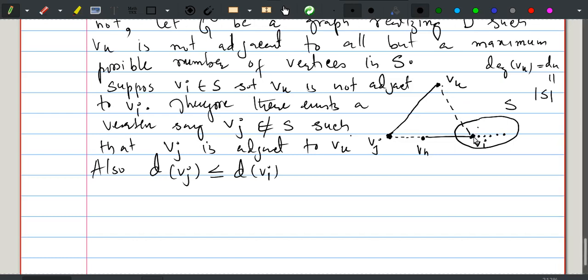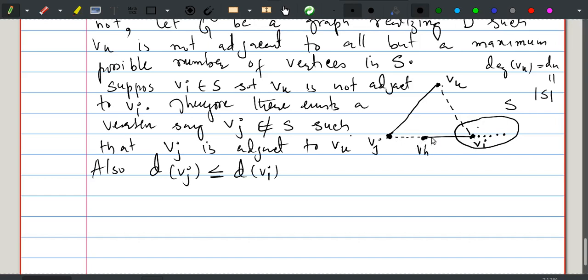So it seems that the degree of Vi is less than the degree of Vj, but it is given that the degree of Vi is bigger than or equal to the degree of Vj. So to make this inequality true, there must exist a vertex Vh which is adjacent to Vi such that Vh is not adjacent to Vj.